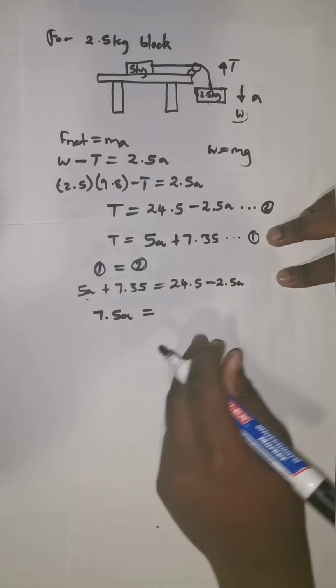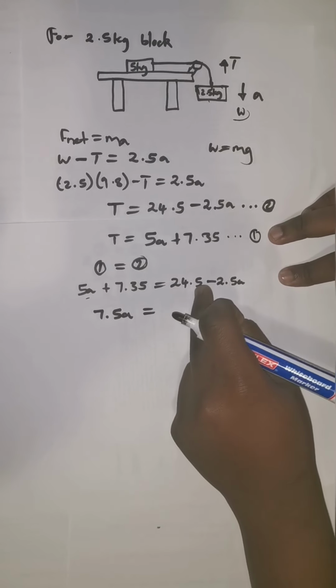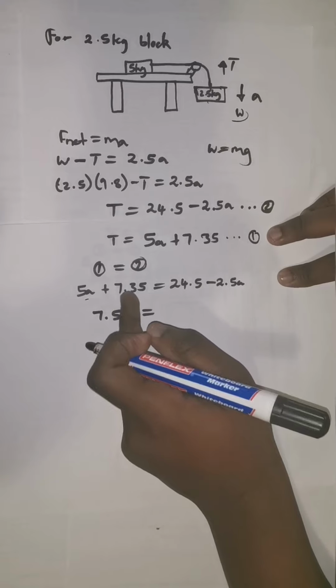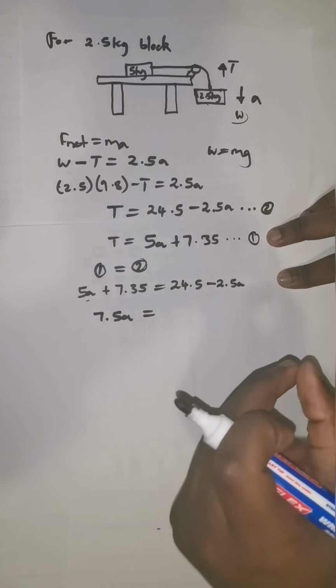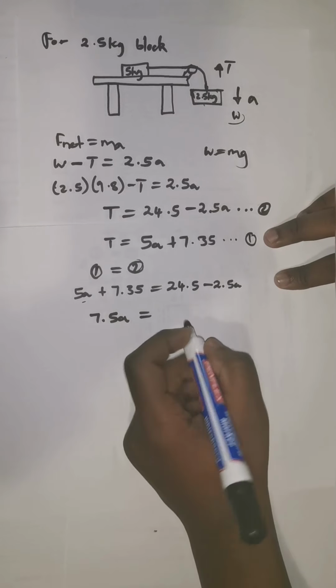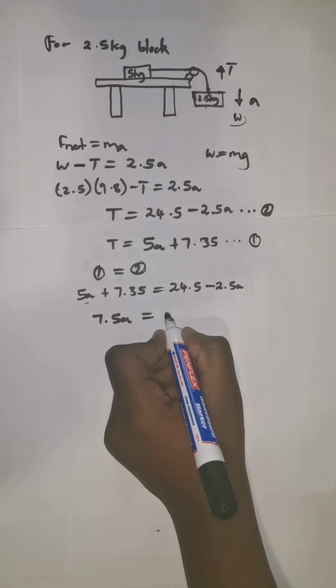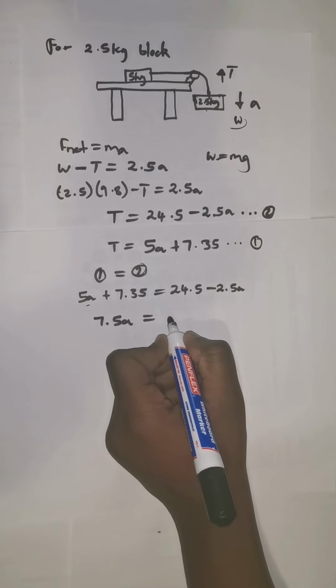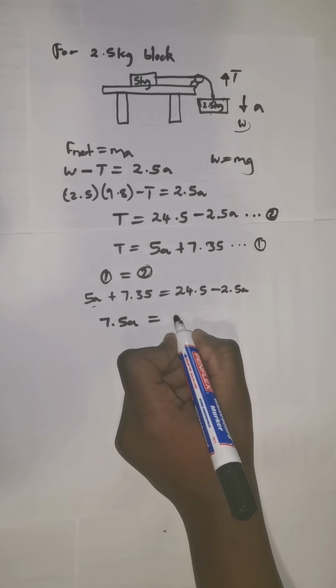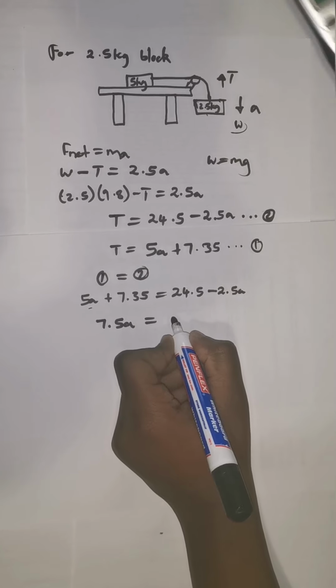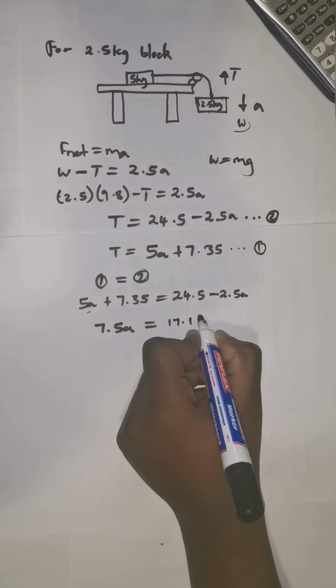Then it's equal to, we have 24.5, and when we take that 7.35 and bring it to the other side, it's going to be 24.5 minus 7.35. When you put that into the calculator, you find that that gives us 17.15, right?